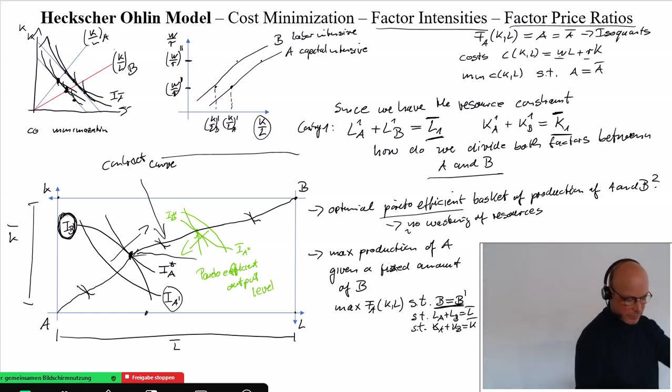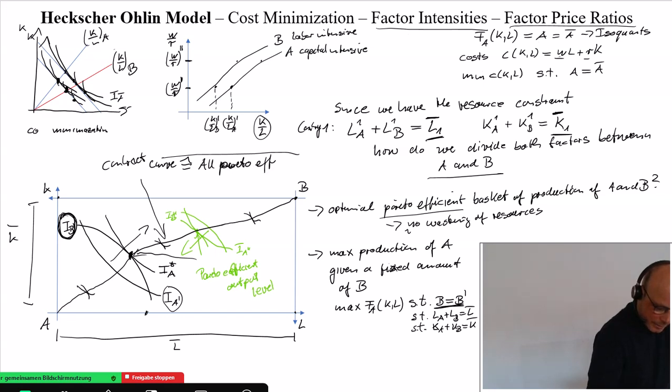The contract curve represents all Pareto efficient output combinations of A and B.